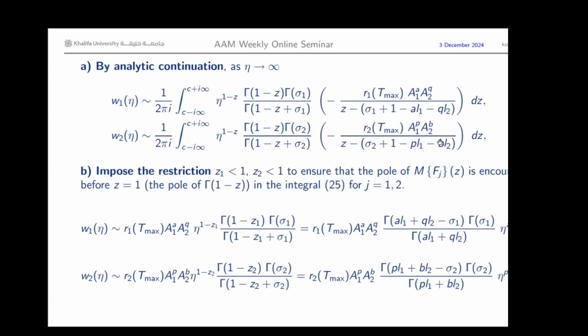By imposing the restriction Z1 and Z2 to be less than 1, the singularities of Z1 and Z2 will be encountered before the singularities of this one, which is 1. The first singularity of gamma that we may encounter is 1.